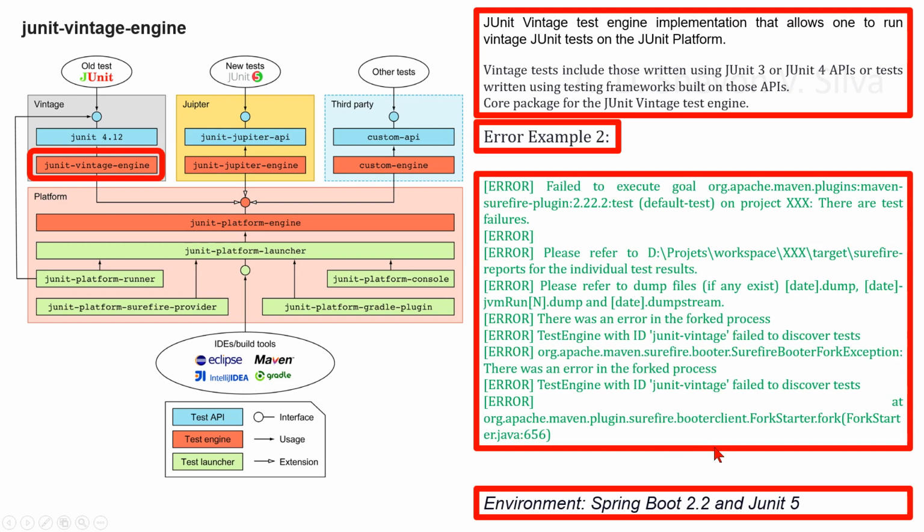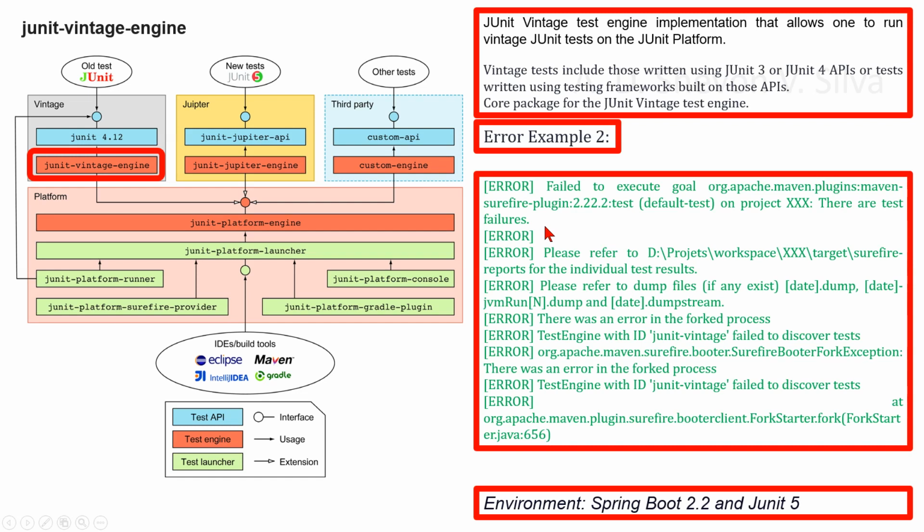As an error example 2, we can consider this error that occurred in a Spring Boot 2.2 and JUnit 5 environment. Failed to execute goal org.apache.maven.plugins:maven-surefire-plugin:2.22.2:test (default-test) on project xxx.